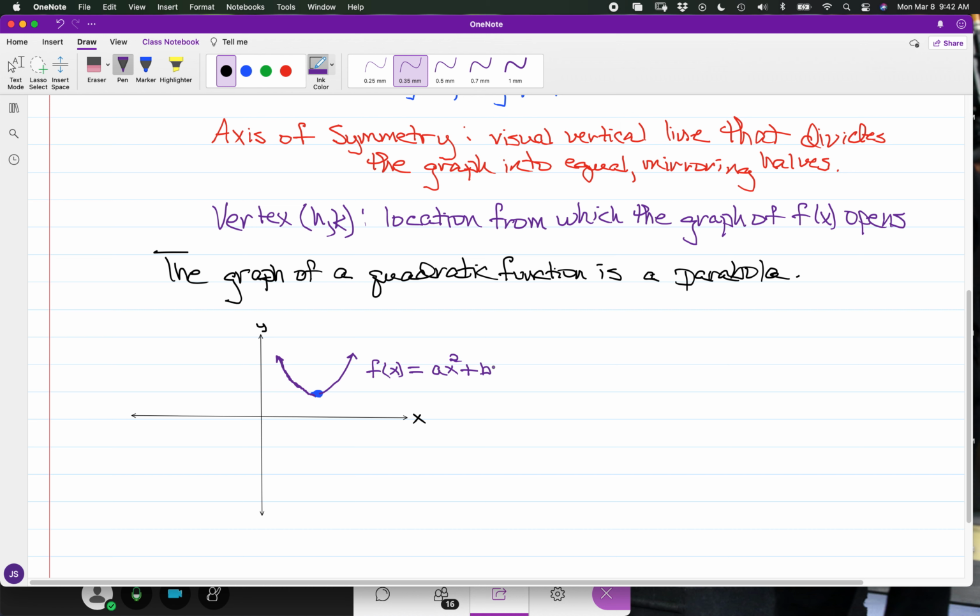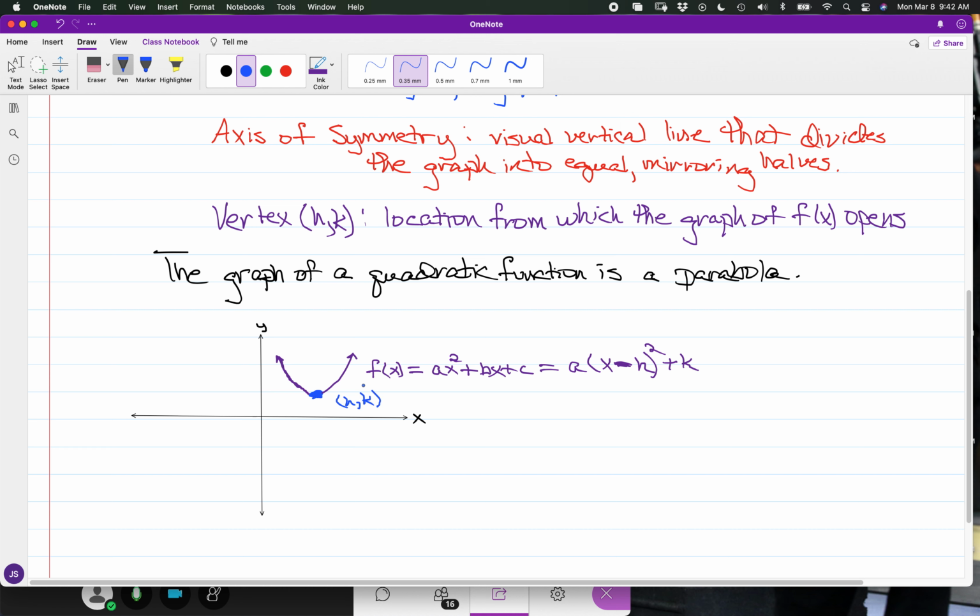I'm going to put both versions of the quadratic function case. So again, this is the standard form, and again, we have the vertex form, with the point from which the graph opens.